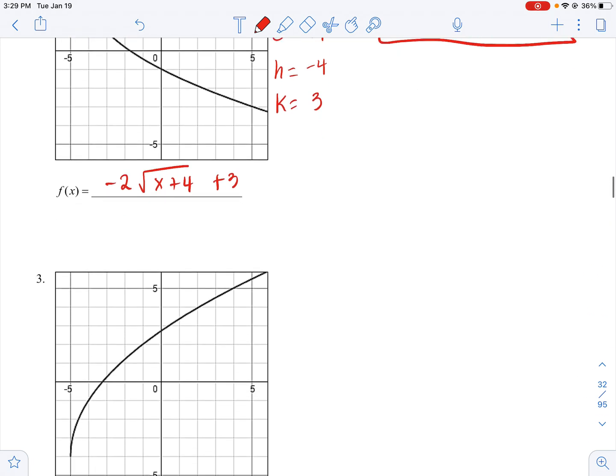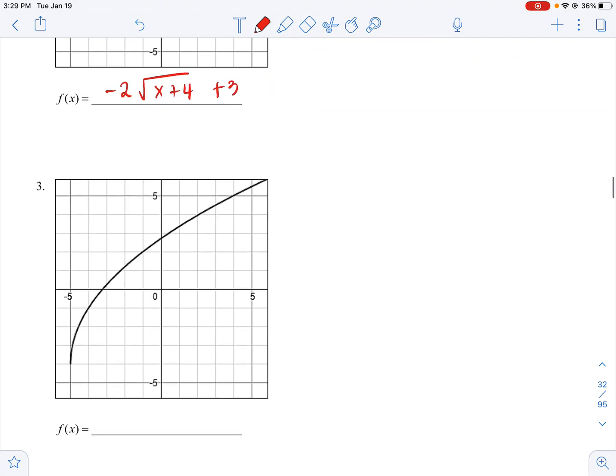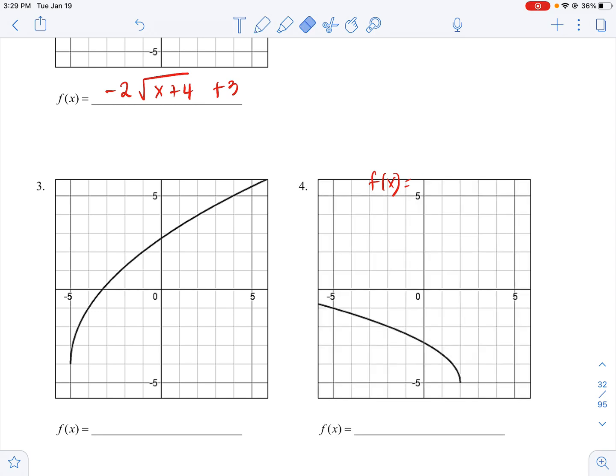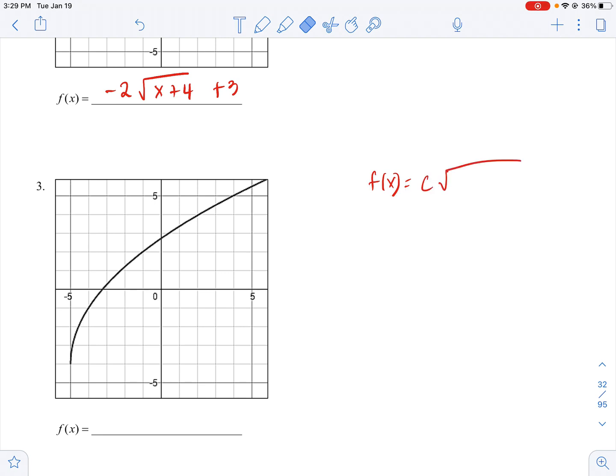Okay, moving on. Next, we have f of x equals, see, I'm doing number 3 first. Okay, I'm doing the 2 things on the left. What do I put there? Oh, so we have a, c, x minus h plus k.